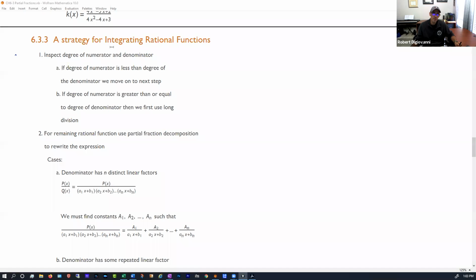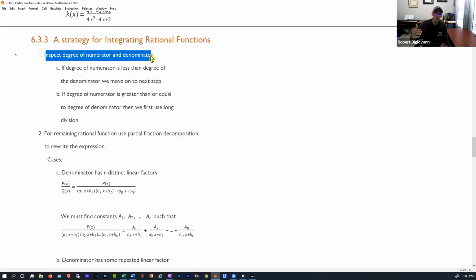The first thing you want to do when you're trying to integrate a rational function is make sure you can't do it with something else we've already learned. But if you can't, then the first thing you want to do is inspect the degree of the numerator and denominator. Remember, the degree of a polynomial is the highest power of x that you see.